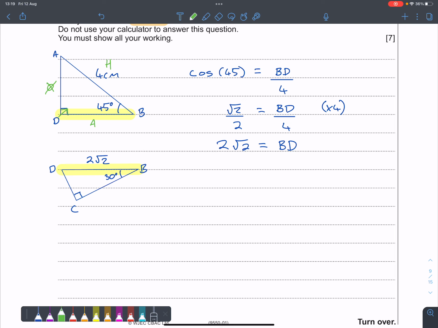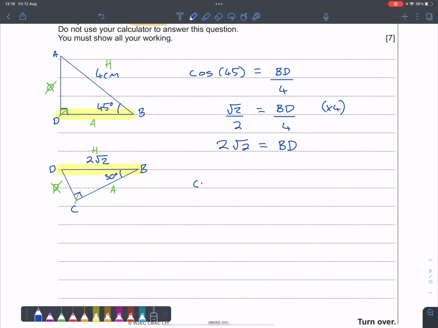If I label my triangle again, this is the hypotenuse, this is the adjacent, and this is the opposite. Now the side I'm looking to figure out is this side here, BC. So the opposite side I don't actually need. So I'm using the adjacent and the hypotenuse, which again is cosine.